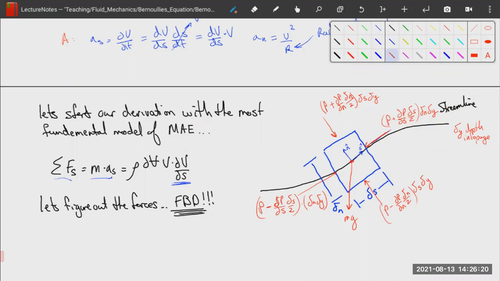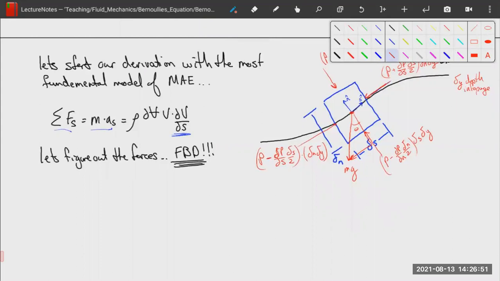And finally, we have an mg, but clearly we care about the streamwise direction, right? So let's take the streamwise component of mg, and that's going to be equal to, if we call that theta, then we'll be able to break that down later into its components.